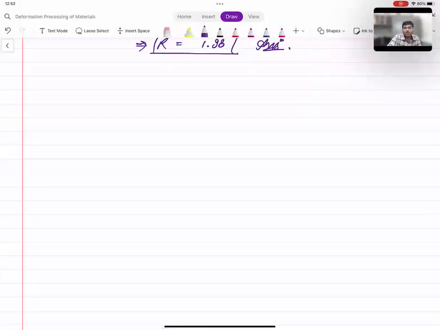There is a diagram known as the forming limit diagram, or it is also known as the Keeler Goodwin or Goodwin Keeler diagram. These were two scientists who worked on this behavior and developed a diagram which is used as a reference to predict the failure or safe regions during the drawing operation. So let us see how it happens.